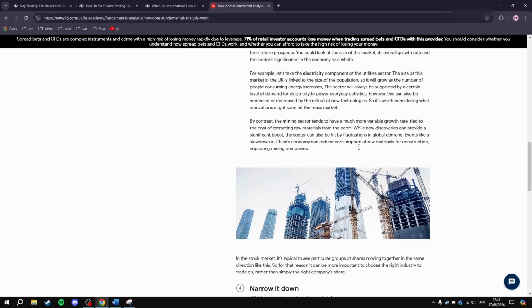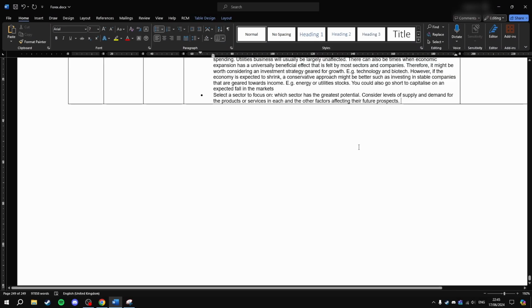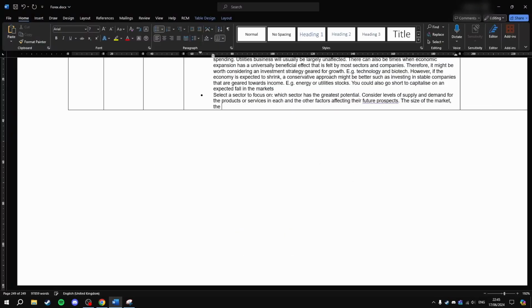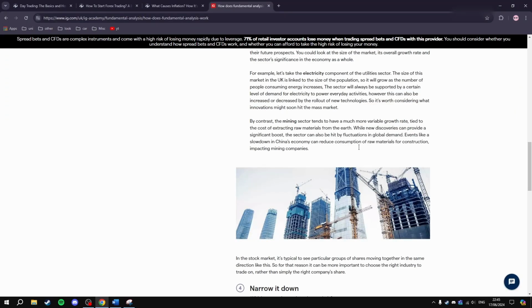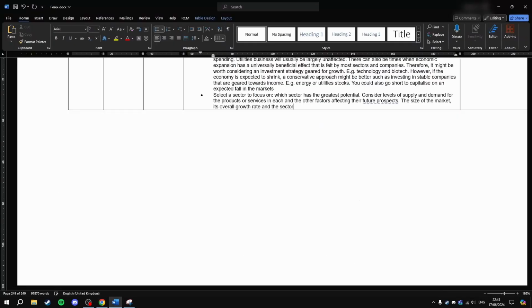You could look at the size of the market, its overall growth rate, and the sector's significance in the economy as a whole.